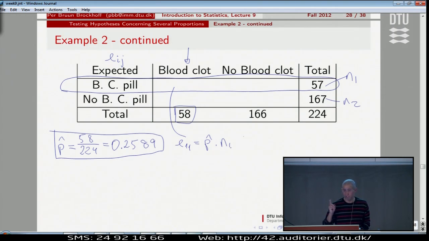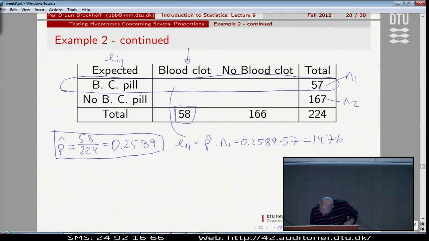This was the thing on the slide. I should take the 26% times the number of females in this group, and I find a number. I get that number to 14.76.